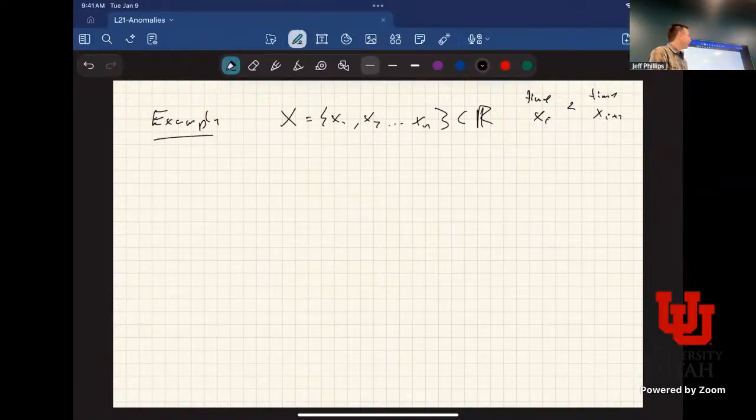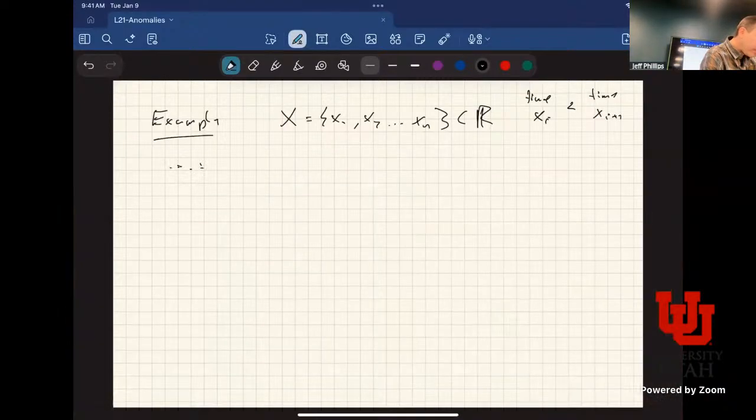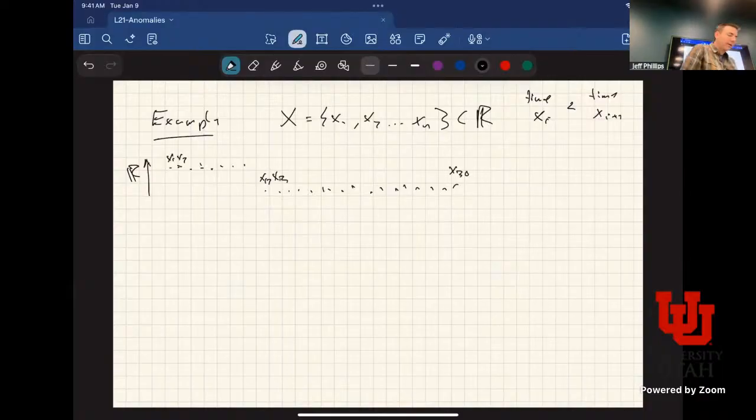So there's a time ordering sequence of these. Now, again, I'm drawing them: this is x1, x2, these are the real values, occurring with some noise, and this is x12, x13 up to x30. So there's a sequence here, and they have some real values.